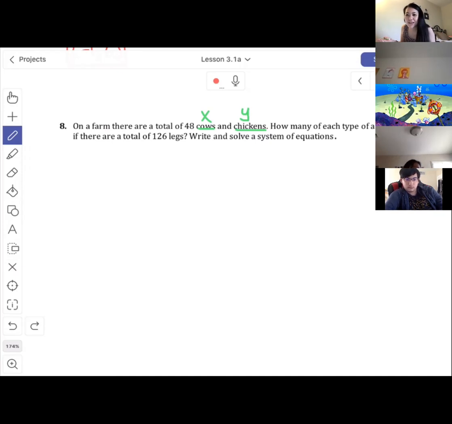You have 5. I have 5 animals, right? So if I have X number of cows and Y number of chickens, how many total animals do I have? What do I do with those 2 numbers? It equals 48. Yeah, so what's the equation? So X plus Y equals 48. There you go. Okay, so we have a total of 48 animals, X number of cows, Y number of chickens, they total to 48 animals.